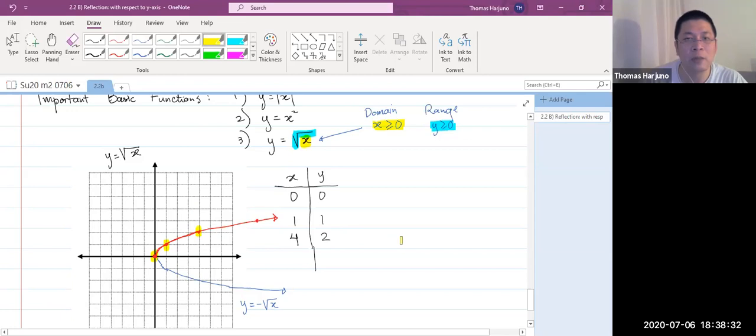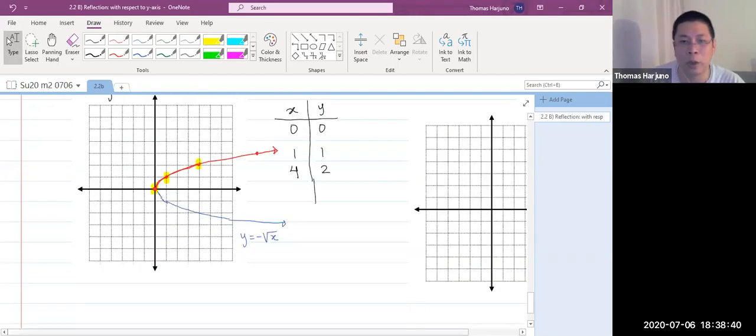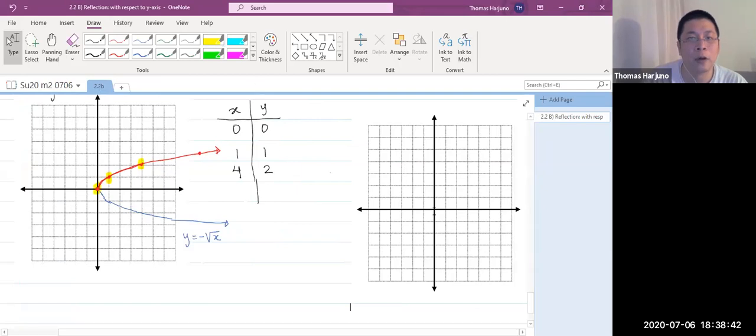Okay, very similar to our x squared situation, where we have (0, 0), to the right 1, up 1, right 2, up 4, right? But this time when we invert that, instead of right 1, up 1, it becomes up 1, right 1.